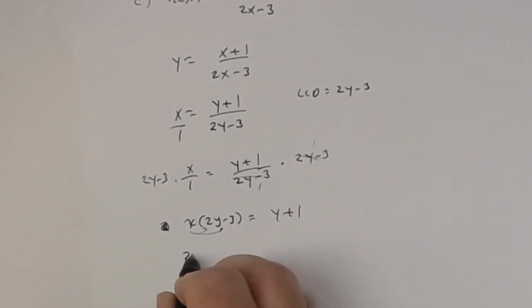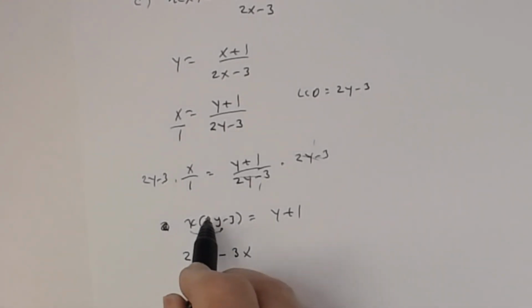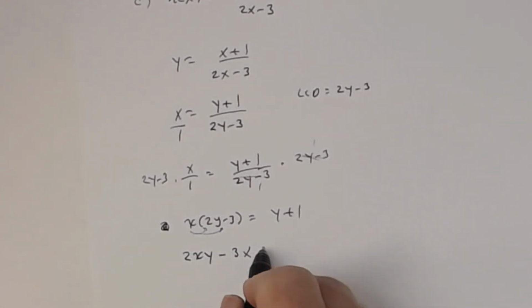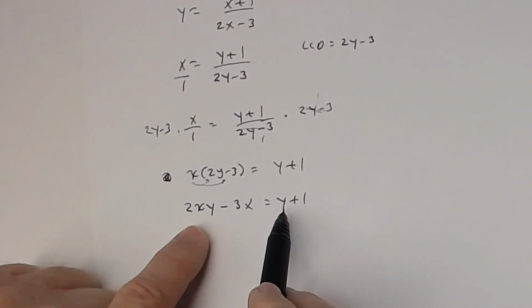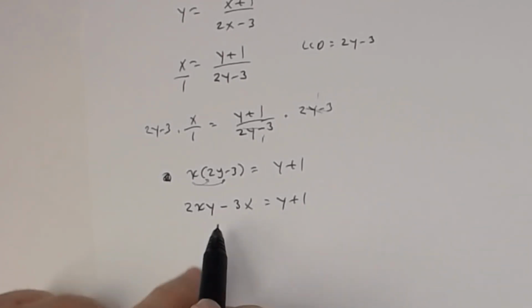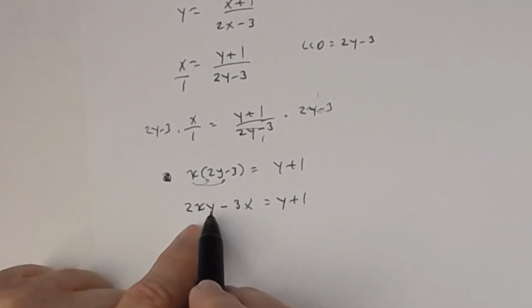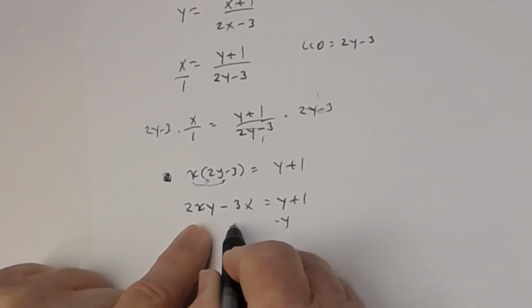So I get 2xy minus 3x, so I multiply both of those by x, equal y plus 1. And now we're going to bring all the terms that have y to one side and everything else to the other. This term right here has the factor y, so I'm going to bring this one over. I'm going to subtract y from both sides.